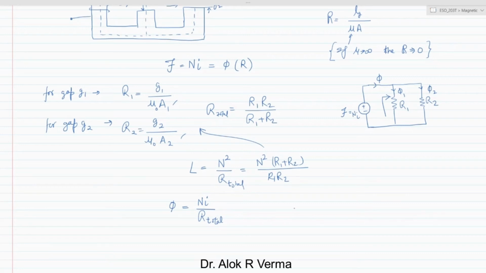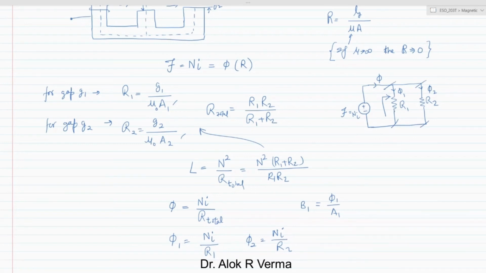Similarly, B1 is nothing but phi 1 by A1, and phi 1 is nothing but the MMF by R1, and phi 2 is nothing but the MMF by R2, because across these two reluctances the MMF is maintained the same.